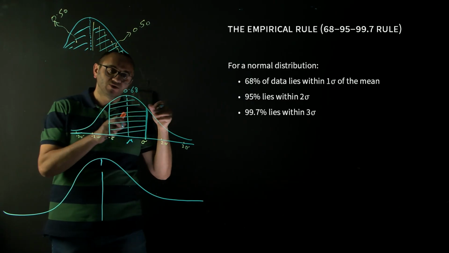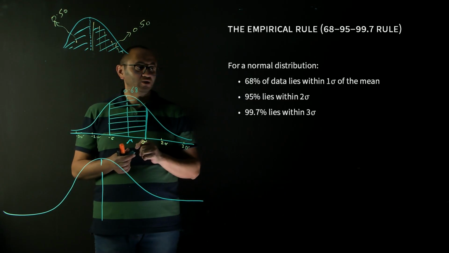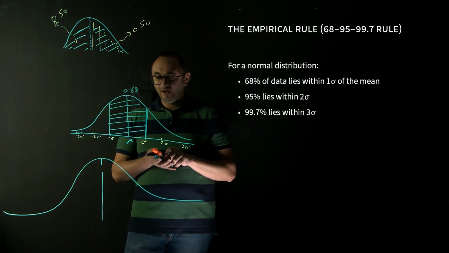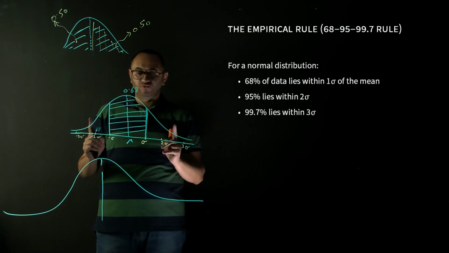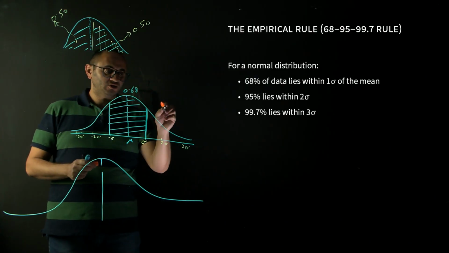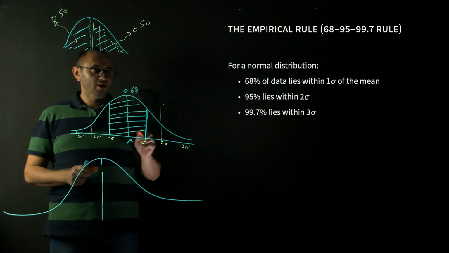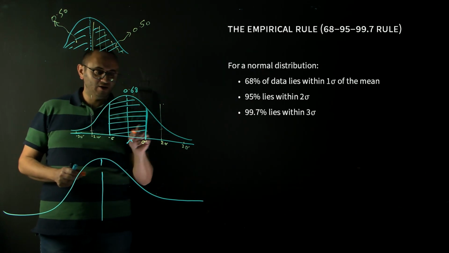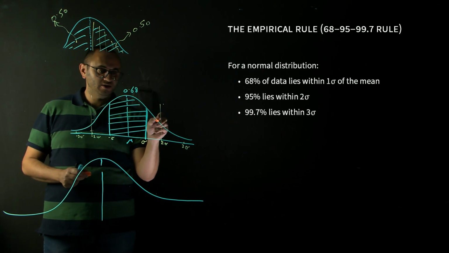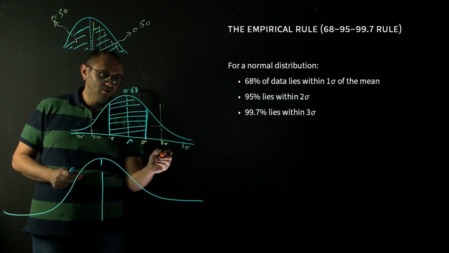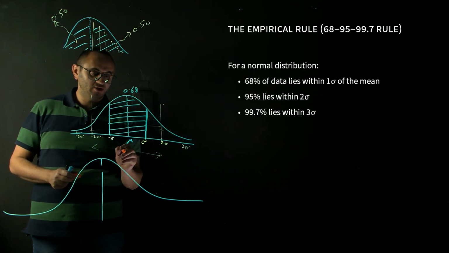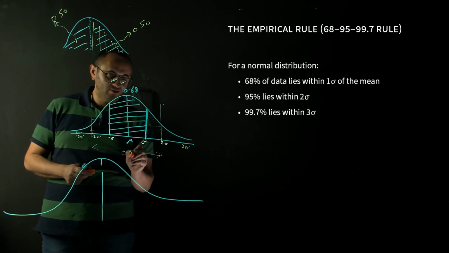It's approximately 68%. Okay. Now, if we are 2 standard deviations from the mean, which means if we are here, then the entire area or the entire probability between negative 2 sigma and 2 sigma, this probability from here to here is about 95%.